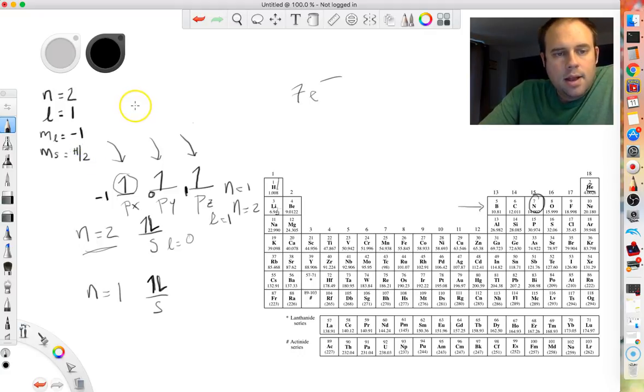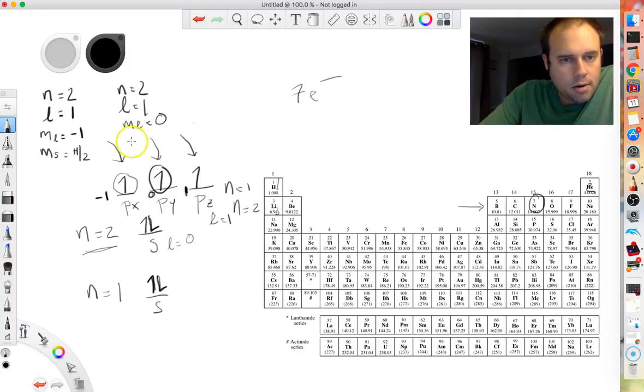Okay. Now, what about this next one? Well, it is also in n equals 2. The L would also be 1. The M sub L this time would be 0 because I'm in this middle one here. And then the M sub S would be equal to +1/2.